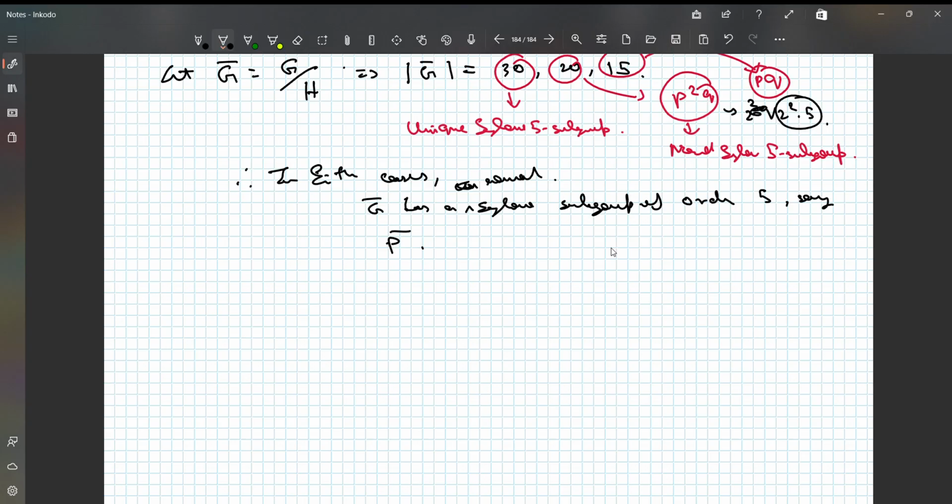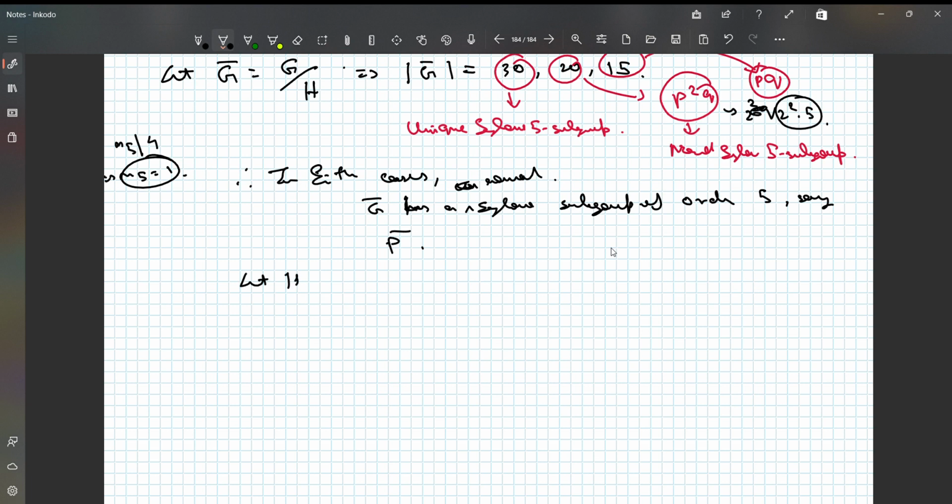So G bar has a normal Sylow 5-subgroup. It's obvious from the fact that n5 must divide 4, but then the only possibility for n5 is 1. So it will have a unique Sylow 5-subgroup. Let it be P bar.